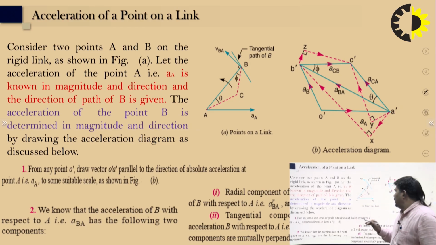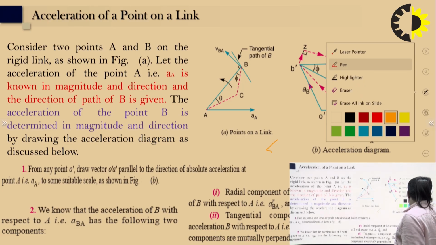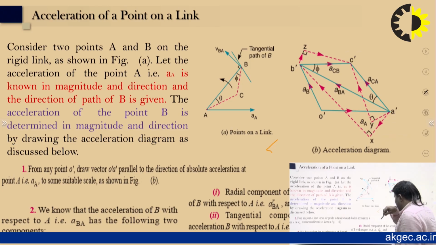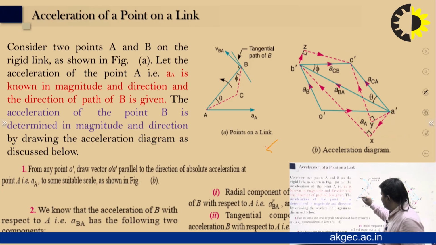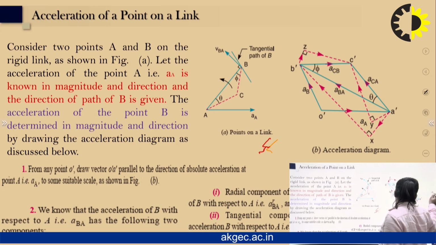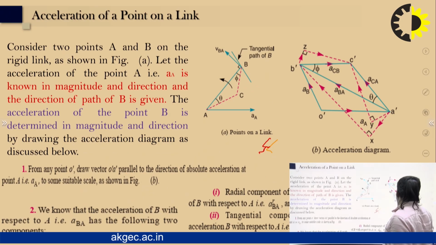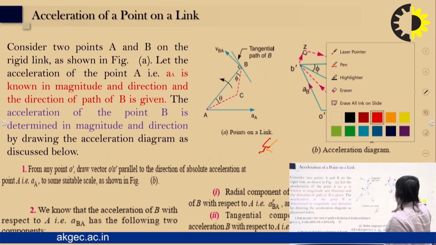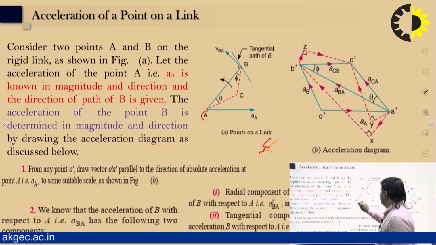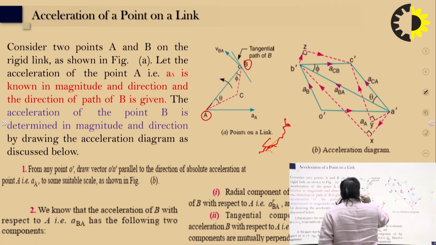You can see here the link AB, and I will draw it in a different color, red, so you can understand. Points A and B, the link AB is there.